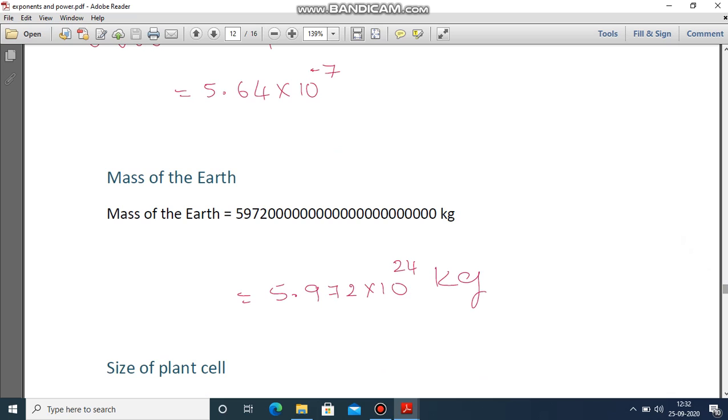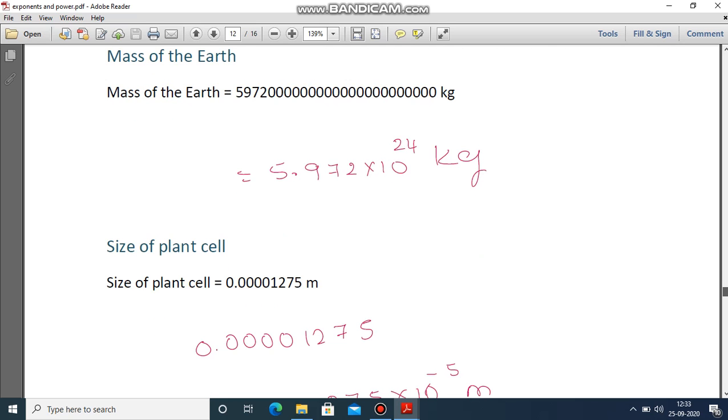We should count the jumps to the left, starting from 0. 1, 2, 3, 4, 5, 6, 7, 8, 9, 10, 11, 12, 13, 14, 15, 16, 17, 18, 19, 20, 21, 22, 23 and 24. So 5.972 into 10 power 24 kg. That 5.972 lies between 1.0 and 10.0.